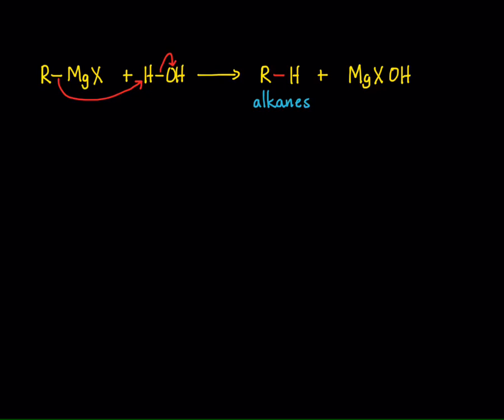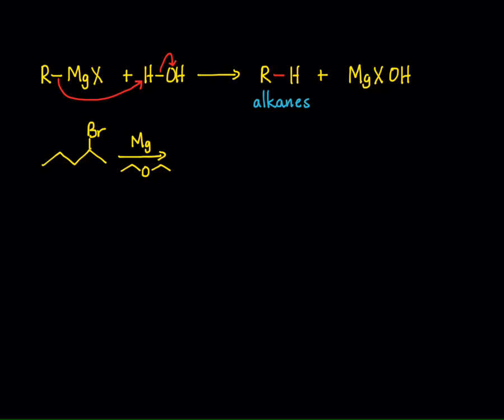So let's look at some examples. In my first example, I have 2-bromopentane reacting with magnesium in diethyl ether, dry. Why do I say dry? Well, a lot of solvents pick up water, moisture. If water's in the diethyl ether, it's going to react with it right away.